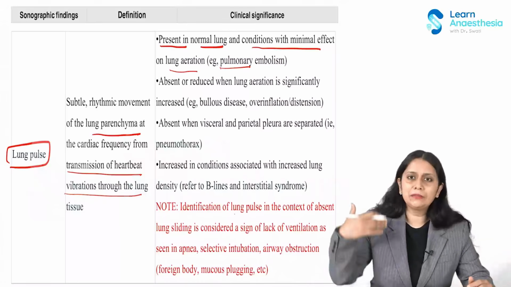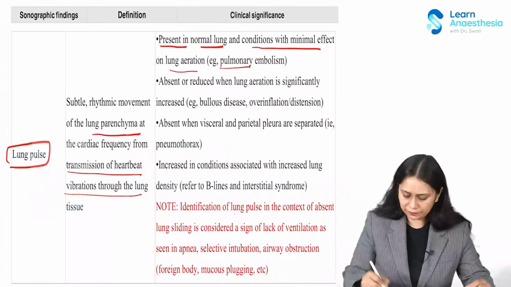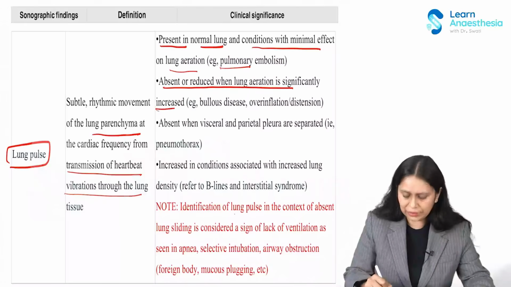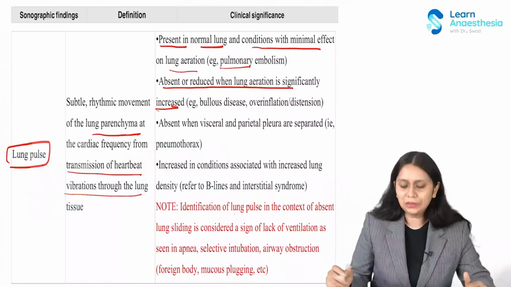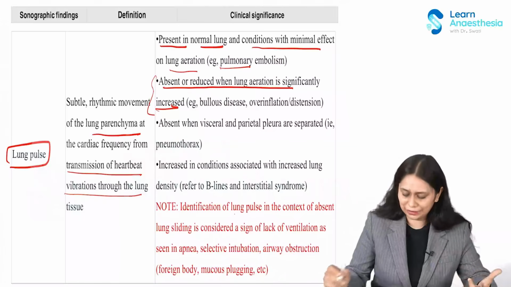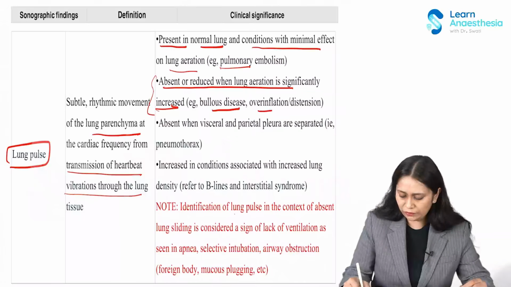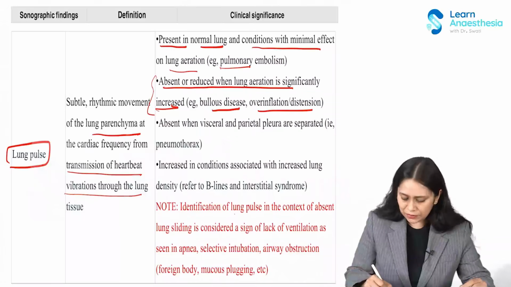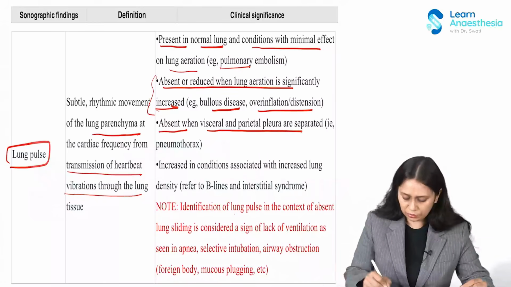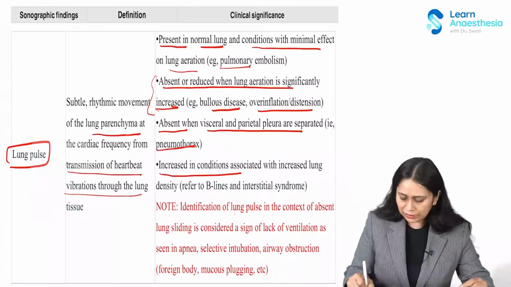It is the ventilation perfusion mismatch that is happening. It is absent or reduced when lung aeration is significantly increased, as in bullous disease, overinflation or distension. Absent when the visceral and parietal pleura are separated, as in pneumothorax. Increased in conditions with increased lung density.